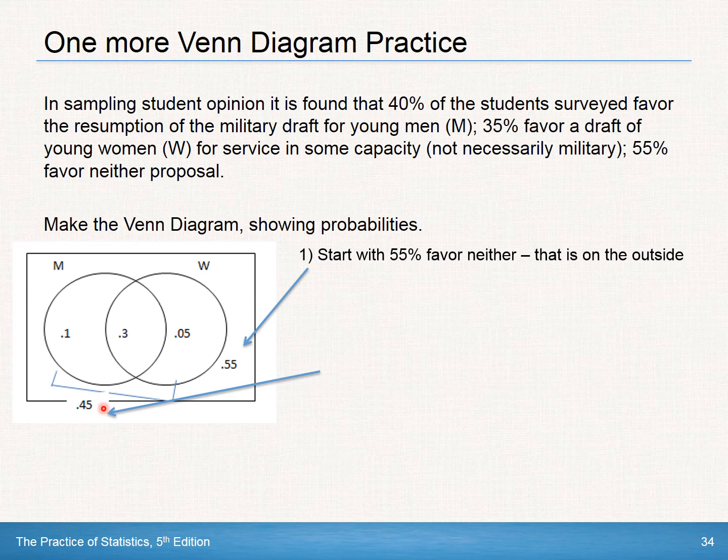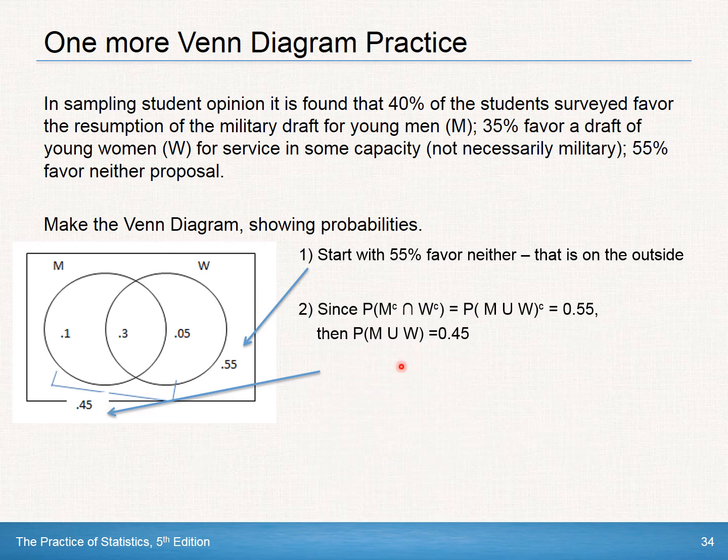1, start with the 55% favor neither. That's on the outside. 2, since we know that the probability that they favor neither, so this is men complement and women complement, okay, so that's your 55%, then we know that men or women is 45%.